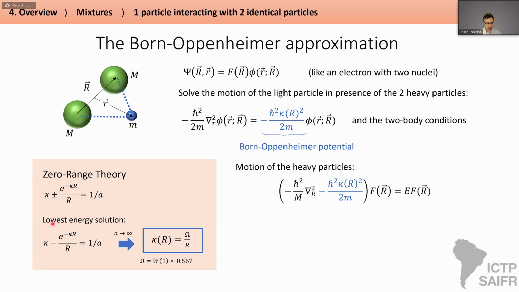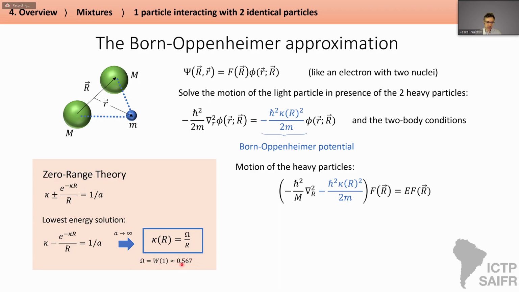So then if we consider the lowest solution, it is given by the case where this is the minus sign. And consider in particular the limit when the scattering length is infinite, so the unitary limit. Then we get a very simple result that kappa r is equal to exponential minus kappa r. So this kappa r is just some number that is the solution of this equation, x is equal to exponential minus x, which you can calculate numerically.